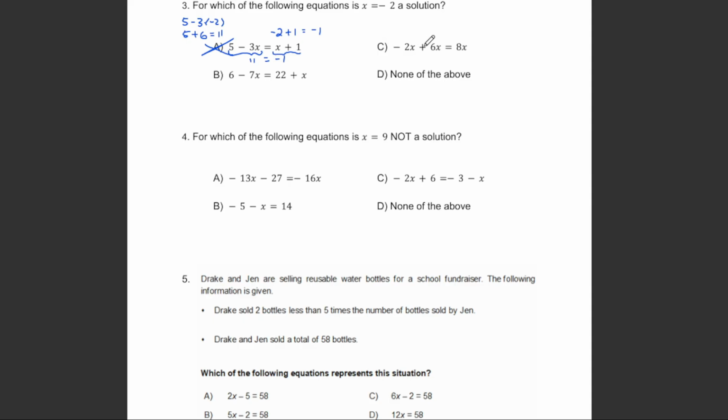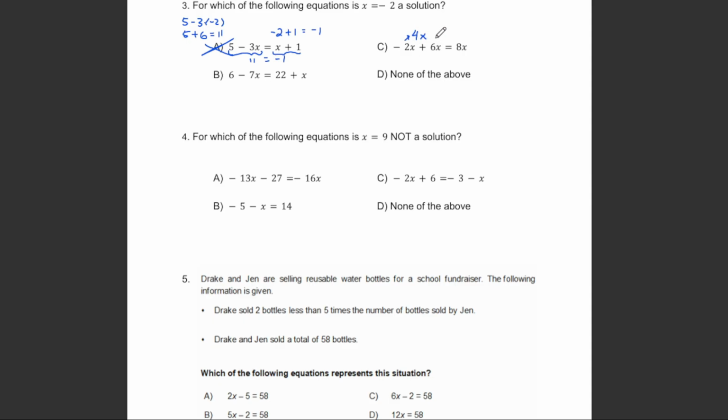Now let's try C, because I'd like to go left to right. Let's plug in x equals minus 2 into the x's. But first, on the left we have two x's. These are like terms, so let's combine them first and then substitute the minus 2 in. I know these are like terms because they're both x's with exponent 1. So 6 minus 2 is just going to be 4. On the left, I have 4x.